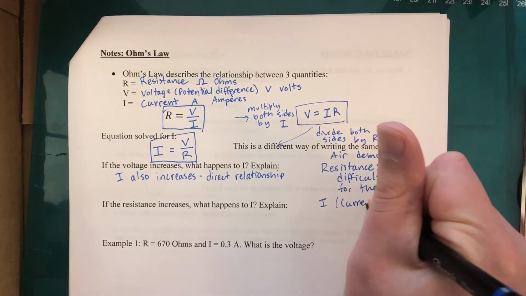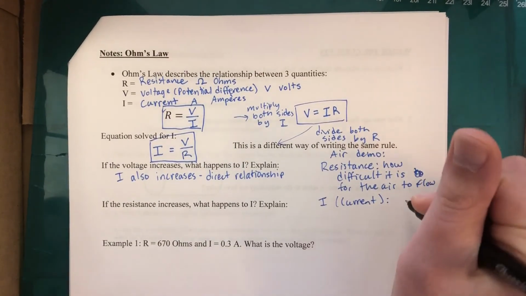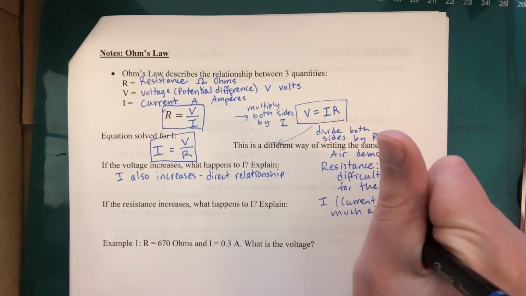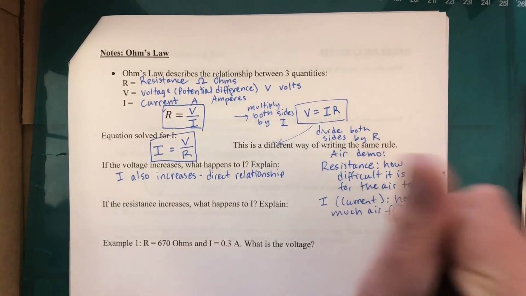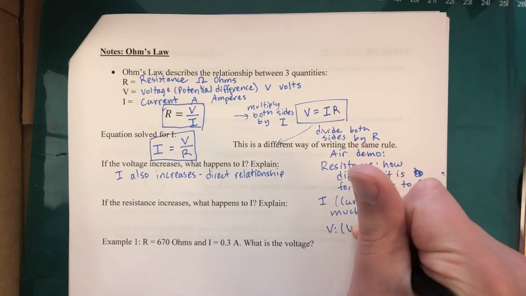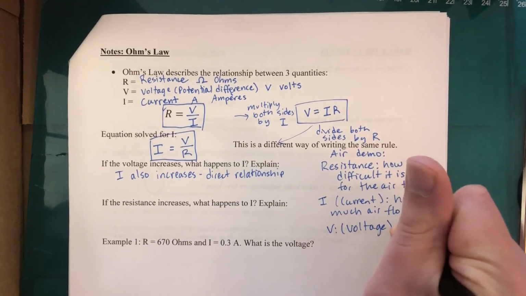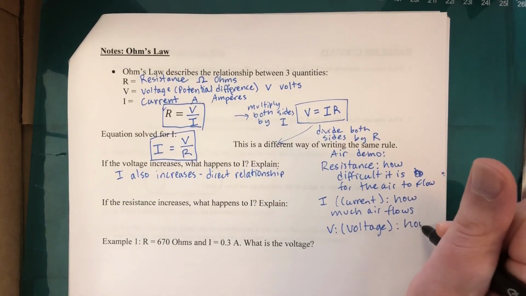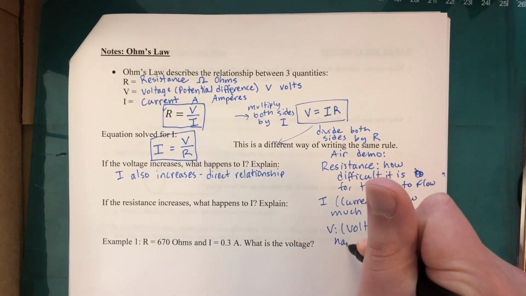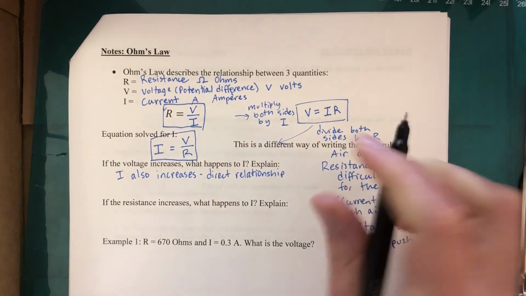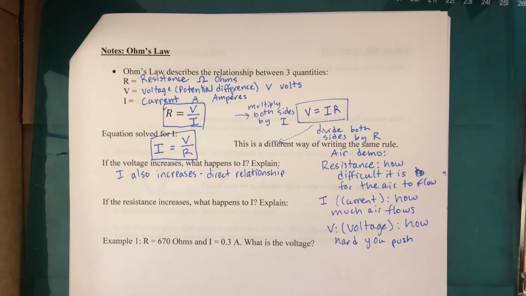The current is how much air flows. And the voltage is how hard you push. You can think of a voltage or a potential difference as being kind of the push that makes the current flow.